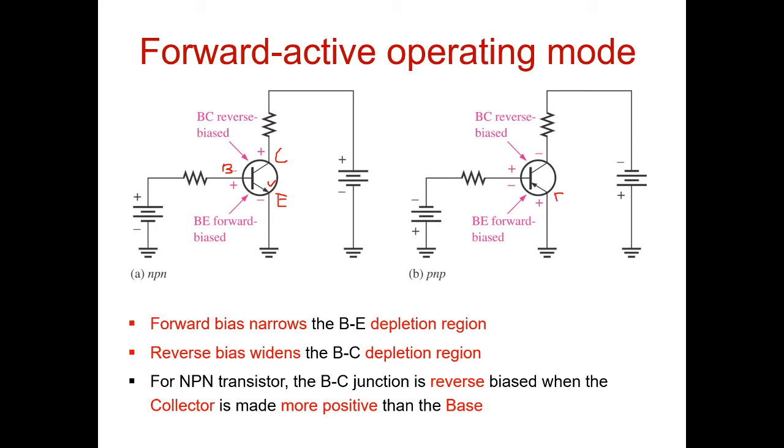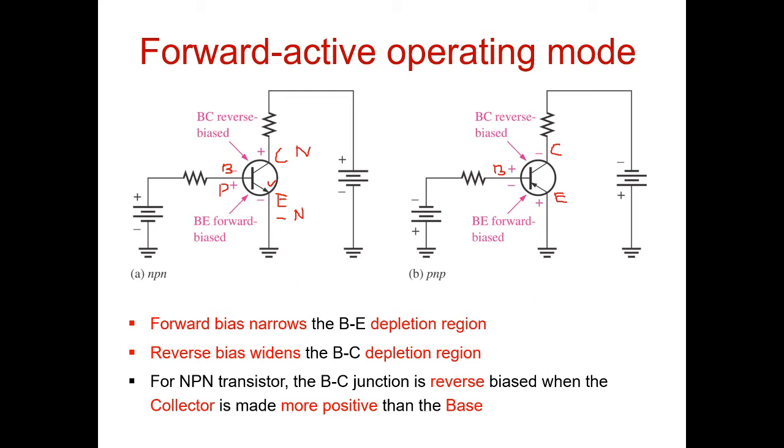The arrow is over here, showing from the emitter to the base, and the other terminal is the collector, or C. For this one, because the arrow is going from B to E, you know that this is N-type, this is P-type, and the collector is N-type.